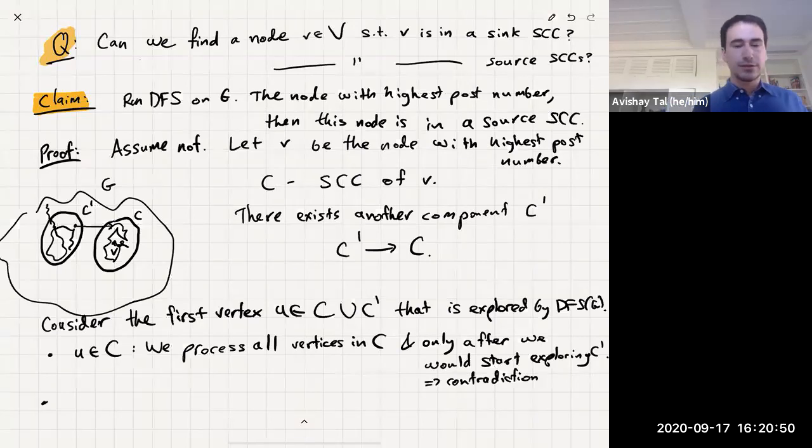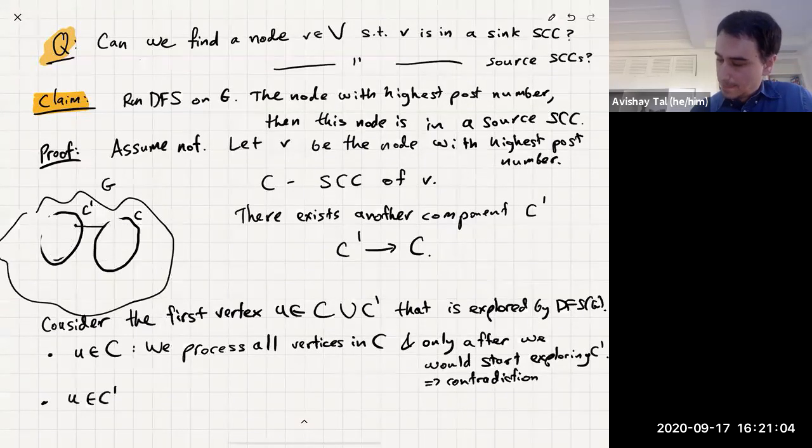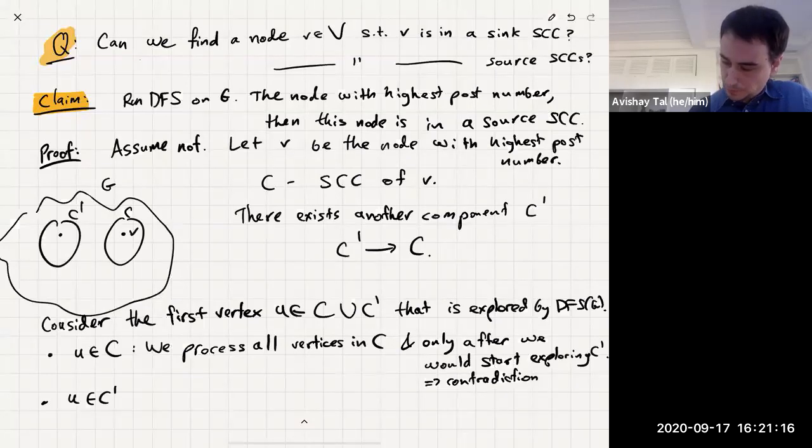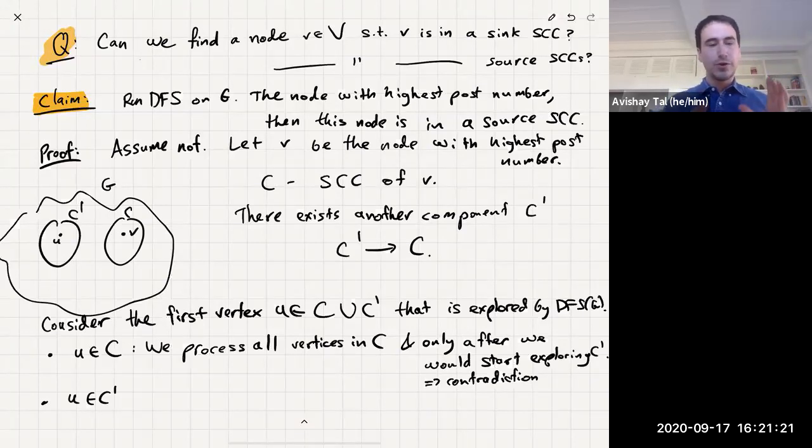What's the other case? The other case is where this first vertex U was in C prime. Okay, so let's look at it again. Sorry about the mess here. So recall we have this C, C prime, we have V, now we have U. So U is the first vertex in both the component of C and C prime that we visit.